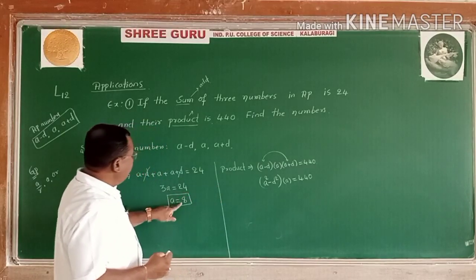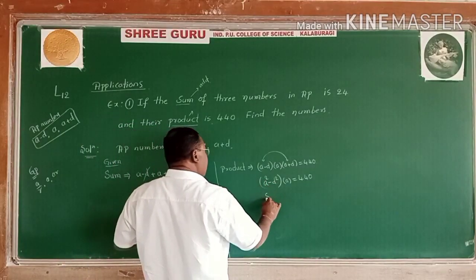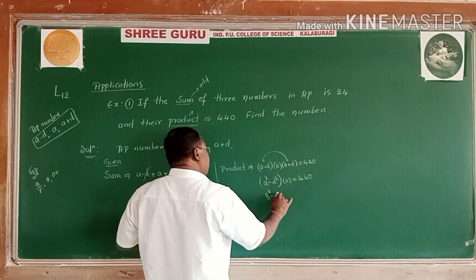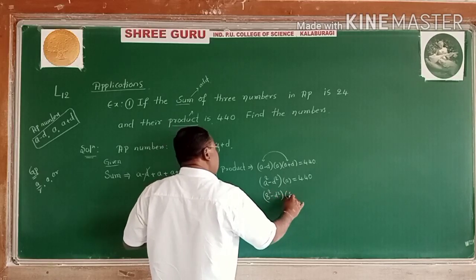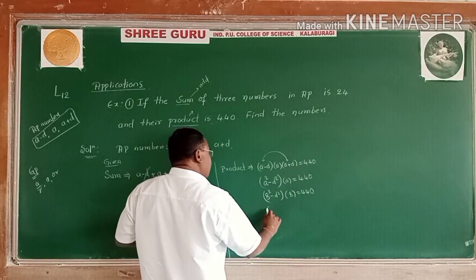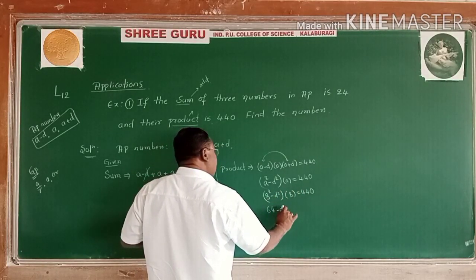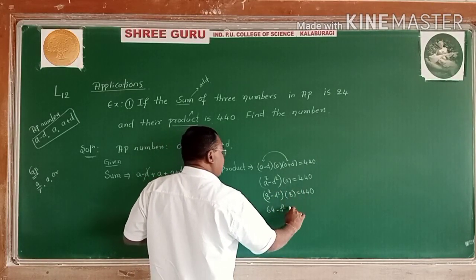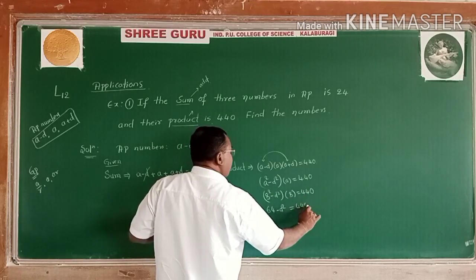A is given as 8, so 8 squared minus D squared, into 8, is equal to 440. 8 squared means 64 minus D squared. Taking the 8 to the right side, 440 divided by 8.